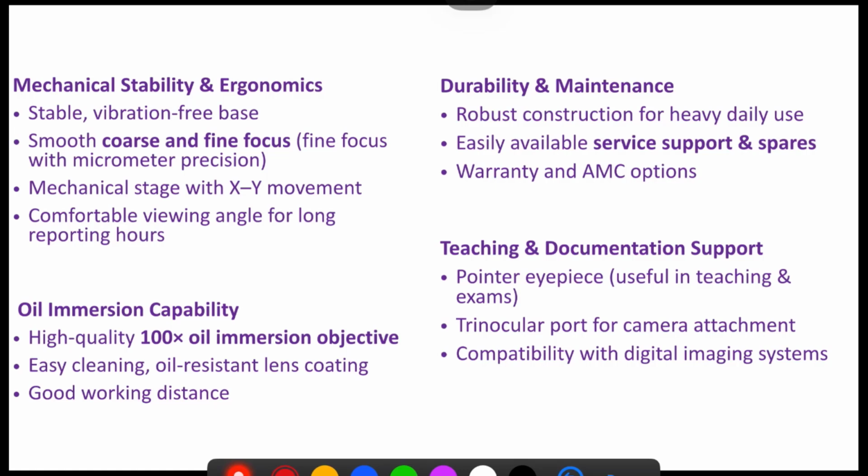Now mechanical stability and ergonomics: a stable, vibration-free base, smooth coarse and fine focus with micrometer precision, proper X and Y movement of the mechanical stage, a comfortable viewing angle for long reporting hours, and oil immersion capability, which is a high quality 100x, easy cleaning, oil resistant lens coating, and good working distance.